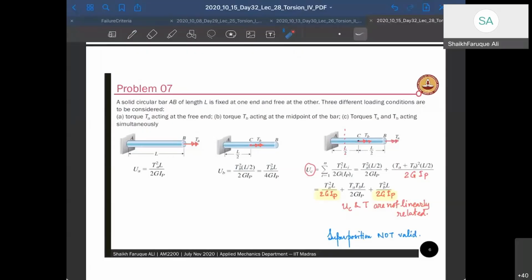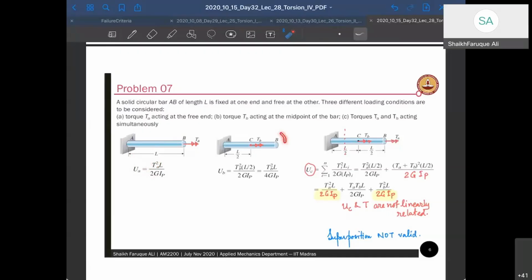For this, the twist will be from here and it will go like this till the end. So shear strain will act from A till B, and shear stress will also be from A till B. And therefore, its strain energy is going to be half into T A whole square over G I P into L, because 0 to L.